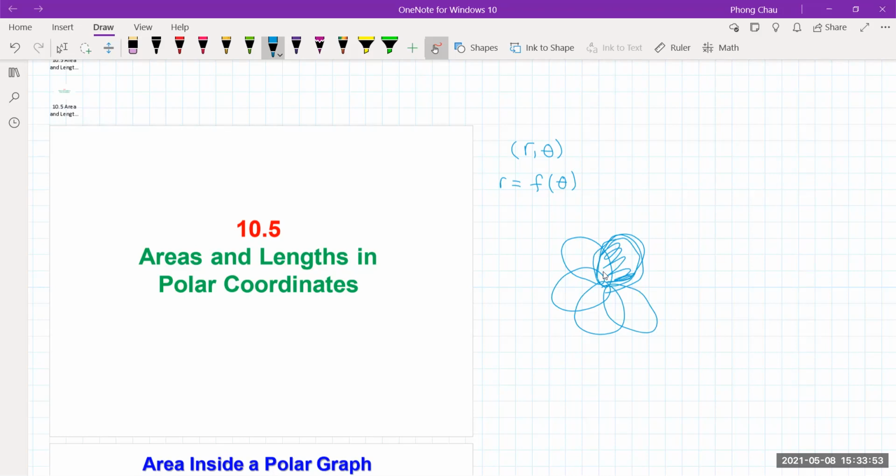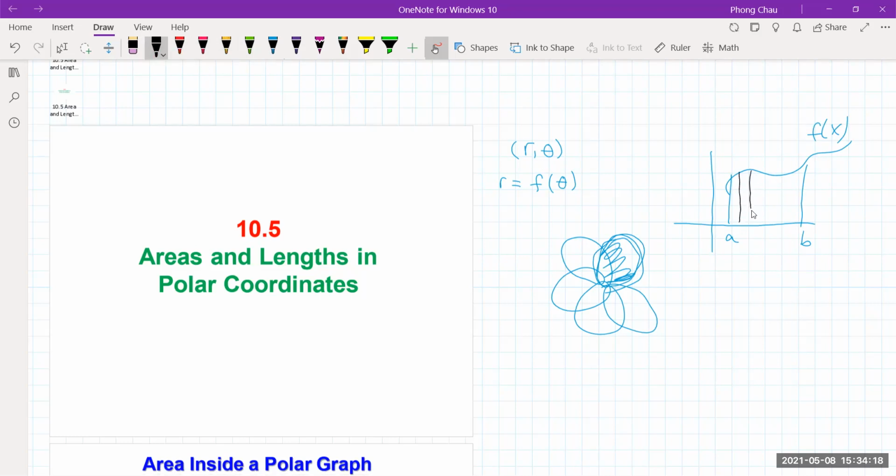Now, notice that in the rectangular coordinate system, when finding the area underneath the curve, the way we do it is by slicing. All of the techniques that we learn start with vertical slicing.